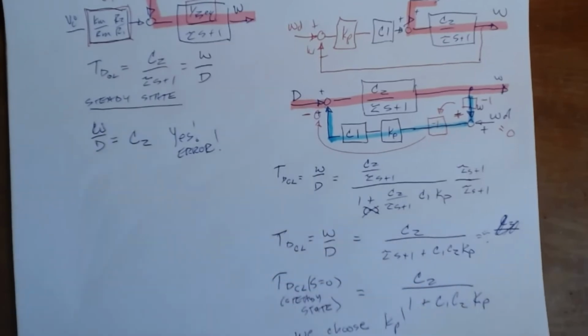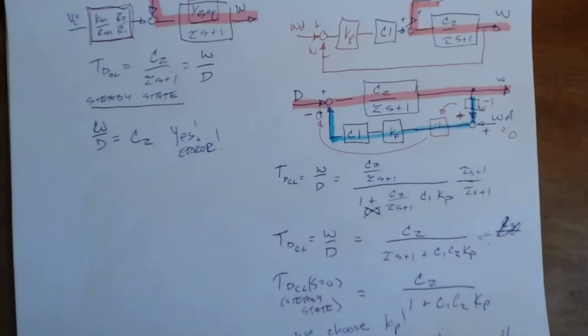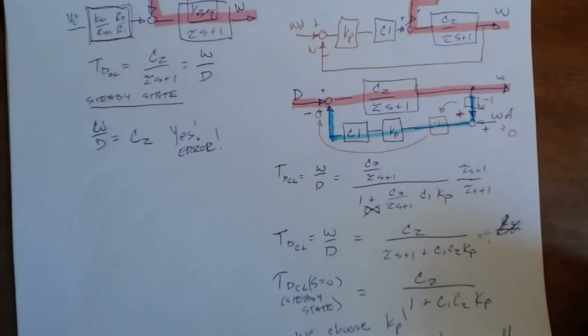And what did we choose it for? What did we want it? We wanted it to be big. And the bigger it gets, KP big gives me omega over D is small. Right? So if KP is big, it makes this whole thing small. And that's what I want. Hey, if you grab hold of the end of my motor, I don't want it to slow down. I want it to keep going. And that's what it does.